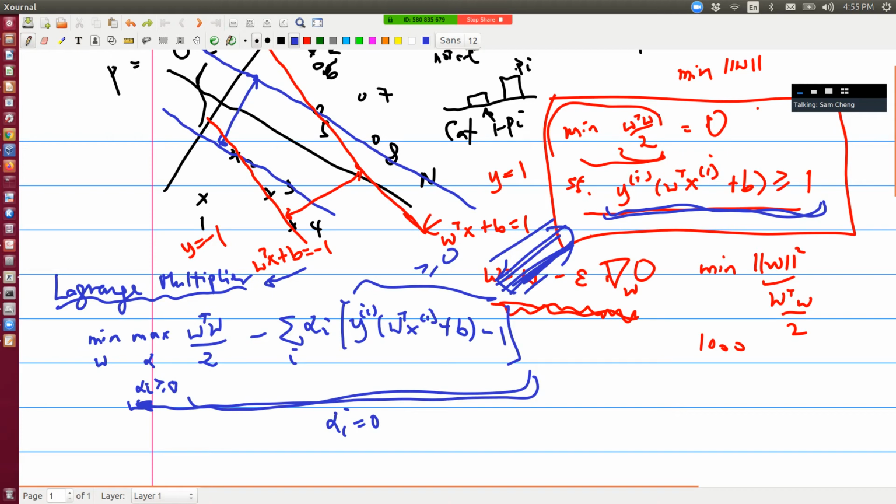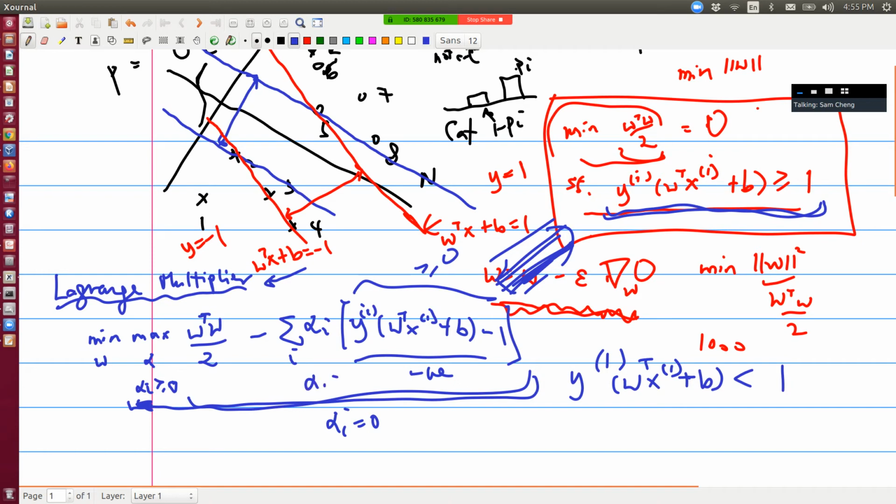But if one of the constraints is not satisfied, let's say the first sample is not satisfied, so y1 times W transpose x1 plus b is less than 1, then this term will be negative. Then I'm trying to maximize that over all the alpha i. Because alpha i is unbounded, I can set alpha i to be anything as long as it is bigger than or equal to 0.